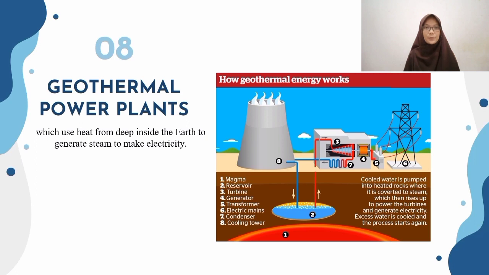And then, the steam spins a turbine, which is connected to a generator that produces electricity. And then, the steam cools off in a cooling tower and condenses back to water. And the last, the cold water is pumped back into the earth to begin the process again.